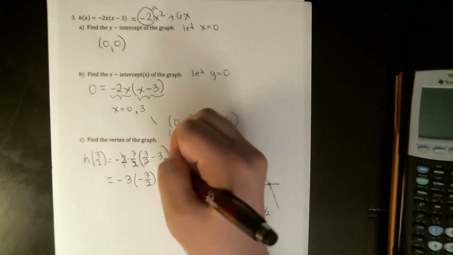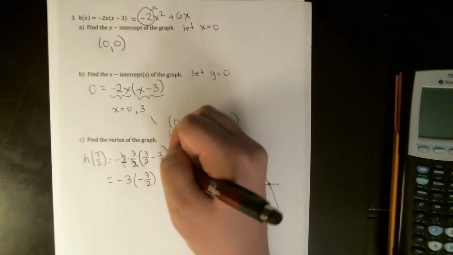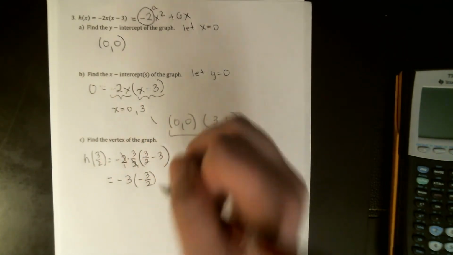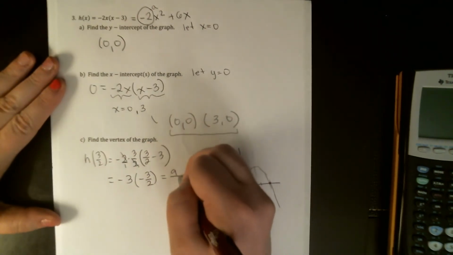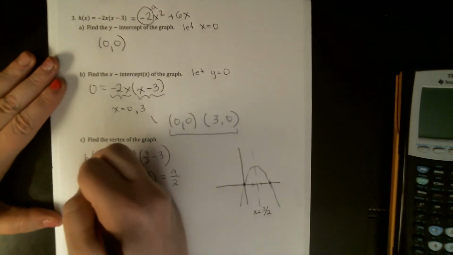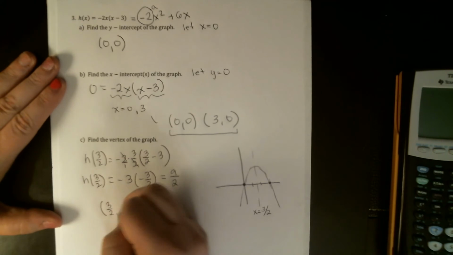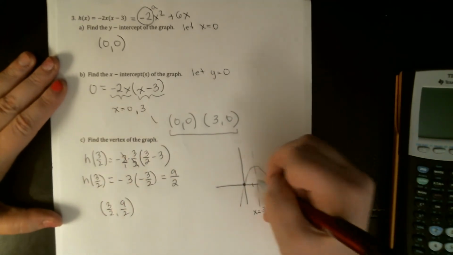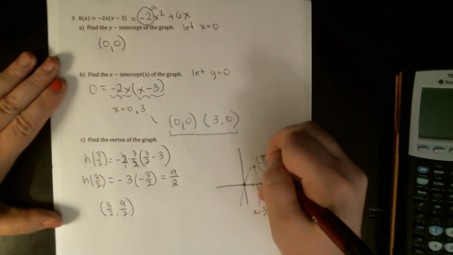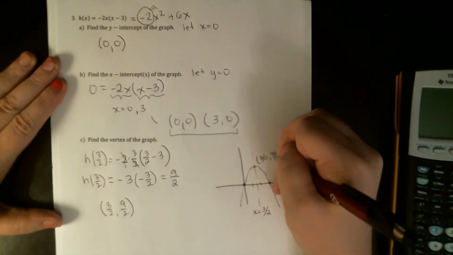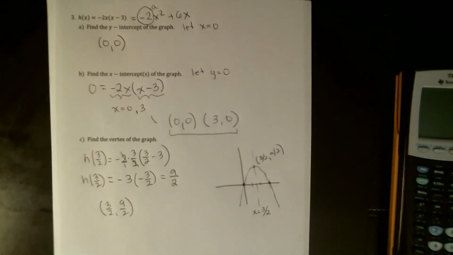You can also do the common denominator there if you want to make this 6 halves. So we are getting a positive 9 halves. So our vertex is at 3 halves, 9 halves. So right here, 3 halves, which is 1.5, 9 halves, which is 4.5. So there's a decent sketch.